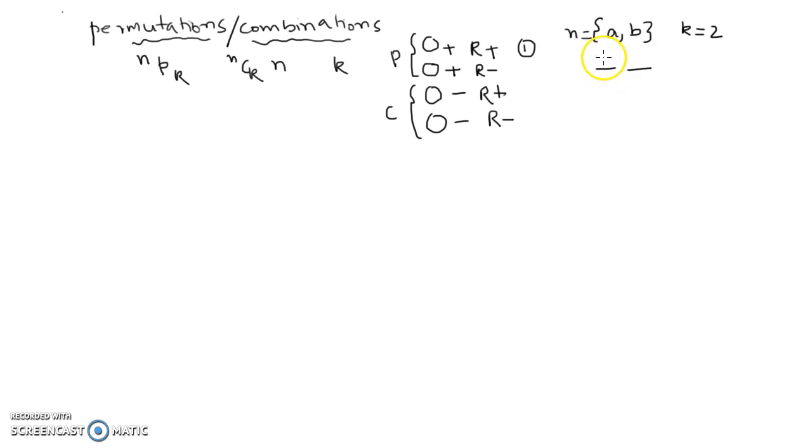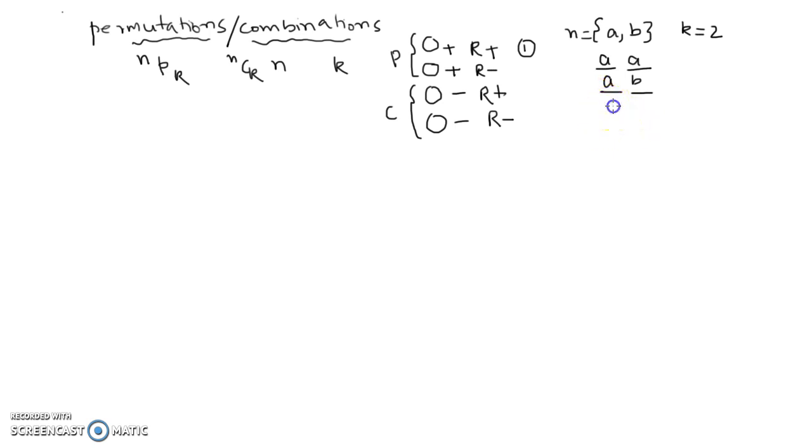For my first spot, if I pick A, and if I pick A again for my second spot, that would mean that repetition is allowed. So I can choose A again. Then for my second subset, I can choose A and then B, which gives me another combination.